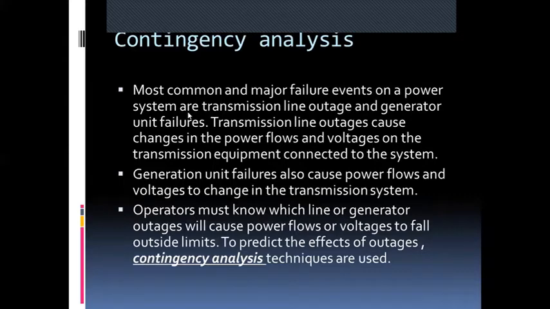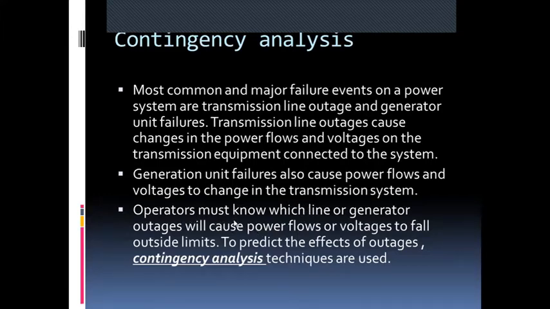Now contingency analysis. How will it be done? The most common and major failure events on a power system are transmission line outage and generator unit failure. Transmission line outages cause changes in the power flows and voltages on the transmission equipment connected to the system. Generation unit failures also cause power flow and voltages to change in the transmission system.